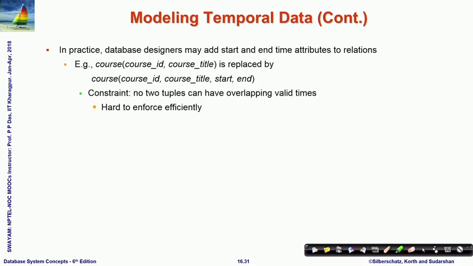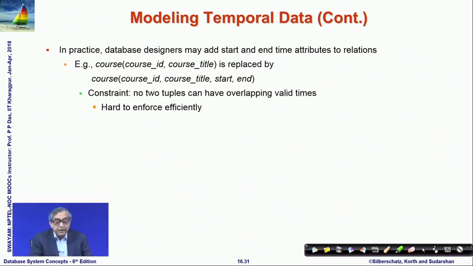This is another style that many times, when you have to say that okay, this course with this title existed from this semester, in a different semester the title may have changed. So, you can put a start and end attribute with that, which specifies the time for which the remaining attributes made sense.